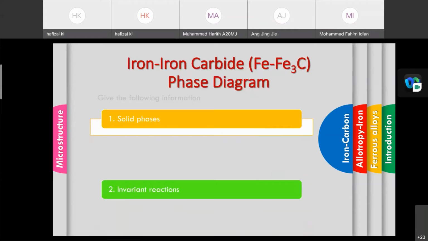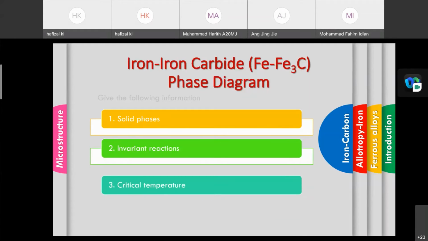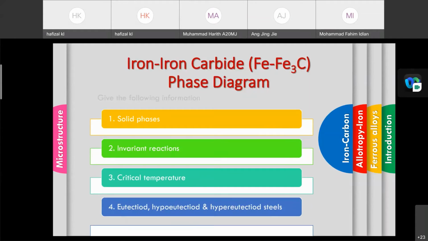Okay, the benefit of this iron carbon phase diagram is we will get several information. The first one is related to the solid phase. And after this we will see phase involved, and also the invariant reaction, whereby in this area we have the temperature constant, but the phase transformation takes place.